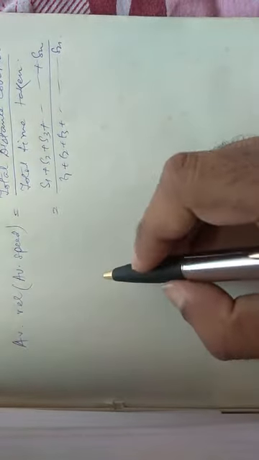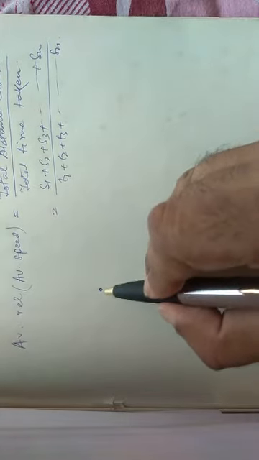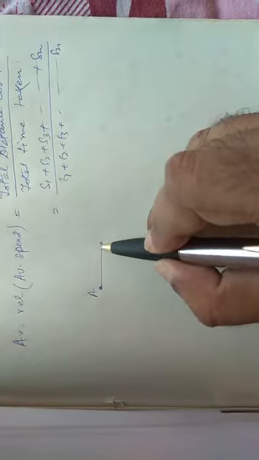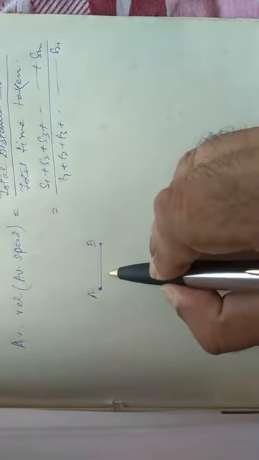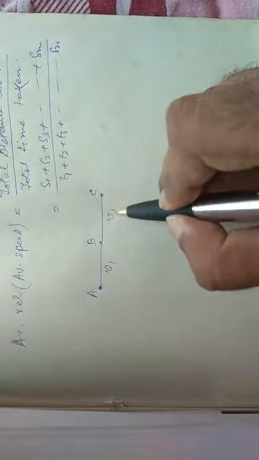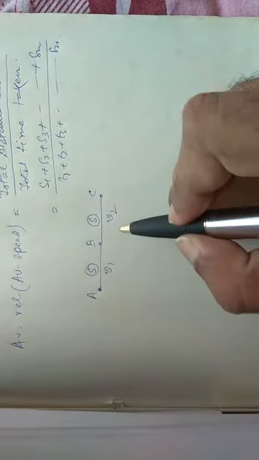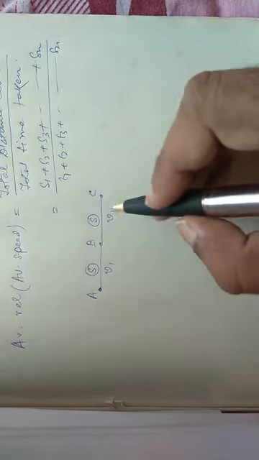Now we take a simple example. A body moves from a point A to point B with a speed of v1 and to point C with speed of v2. Distances between A and B is s, and that of B and C is also s.